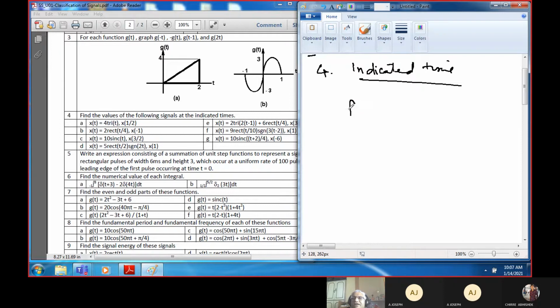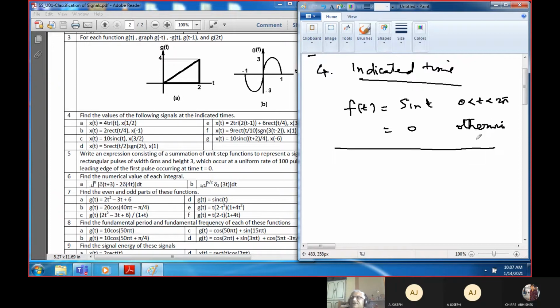Supposing I give you a signal called f of t, which is equal to sine t for 0 less than t less than 2 pi, and it is equal to 0 otherwise.